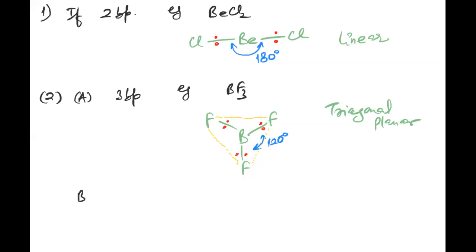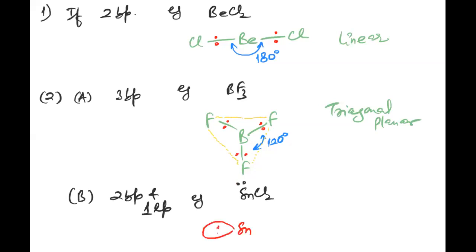Now B part: two bond pairs and one lone pair of electrons. For example, this may be SnCl2, tin chloride. In the structure of SnCl2, there is a lone pair of electrons, and this may be Cl and Cl. Again, the total arrangement of lone pair and bond pair should be trigonal planar.